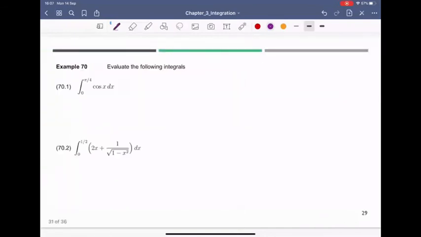So let's look at the basic example here. When we have the integral of cosine x dx, I don't have to go by Riemann sum. I mean, if I wanted to use Riemann sum, I would have to draw the graph of cosine, which is that. Let's suppose that I don't have the fundamental theorem of calculus. I need to draw cosine, and then 0 to pi over 4 is this, right?